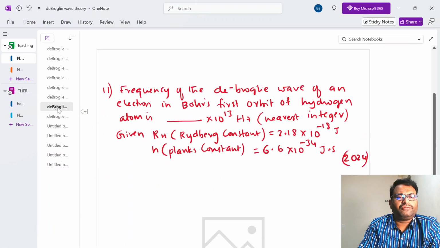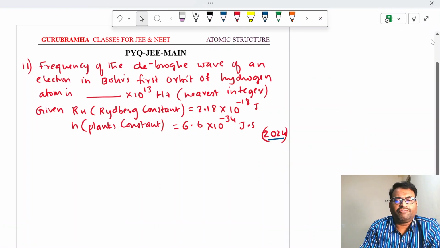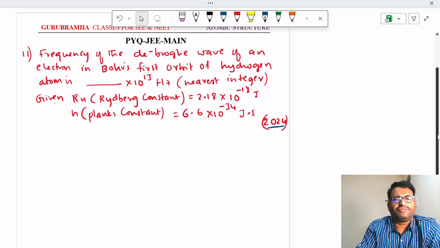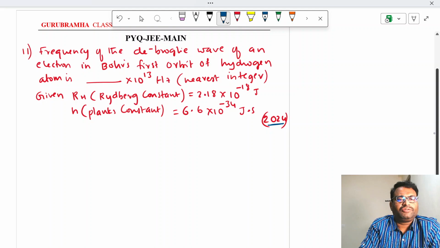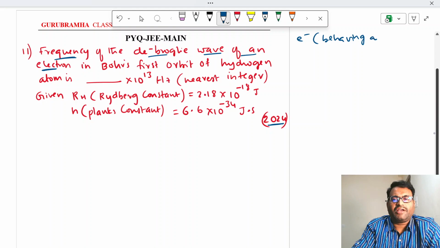Next, coming to a question asked in 2024 JEE Mains. What is the question? Frequency of de Broglie wave of an electron. See, the electron is behaving as a wave.